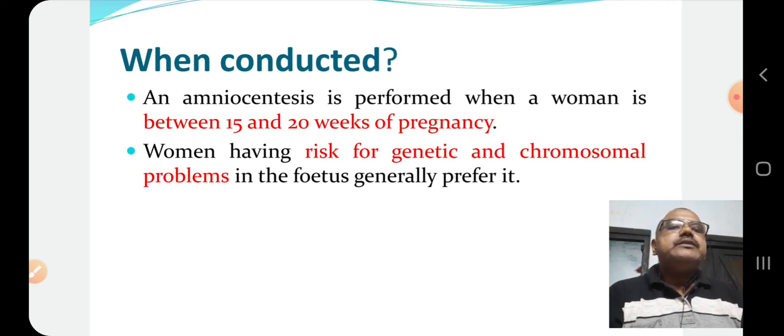Women having a risk for genetic and chromosomal problems in the fetus generally prefer it. That means this amniocentesis is specifically a test for the genetic abnormalities present in the fetus, and this process helps in the management of the pregnancy.